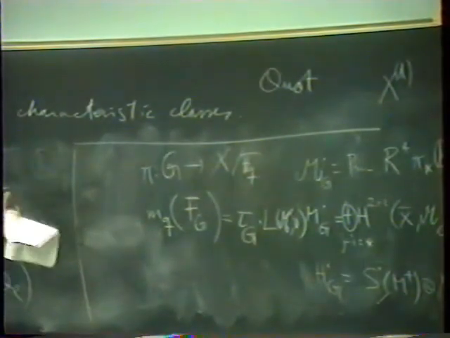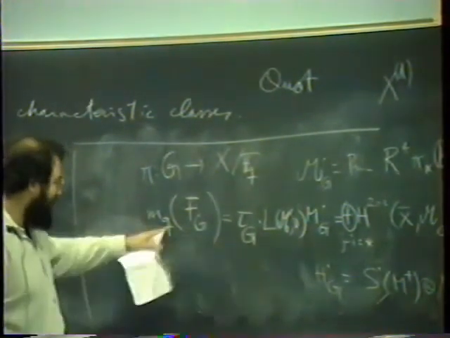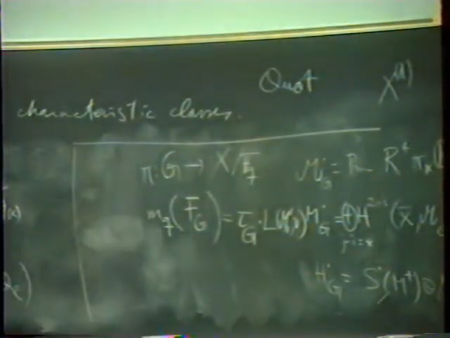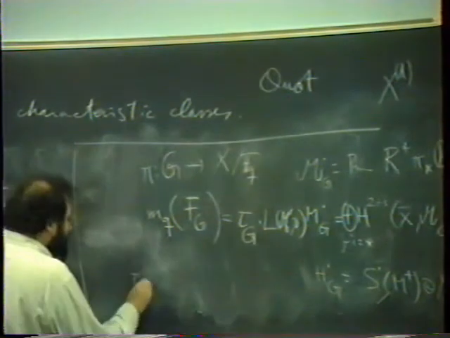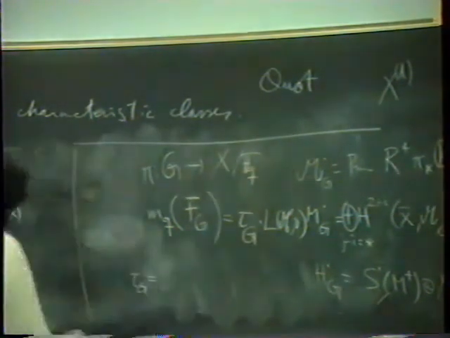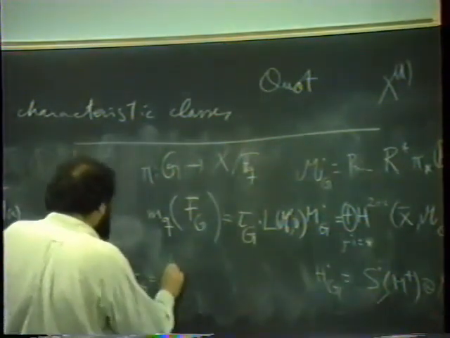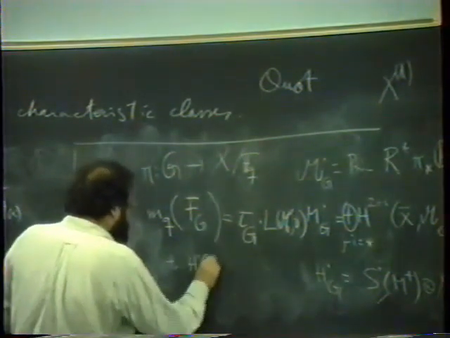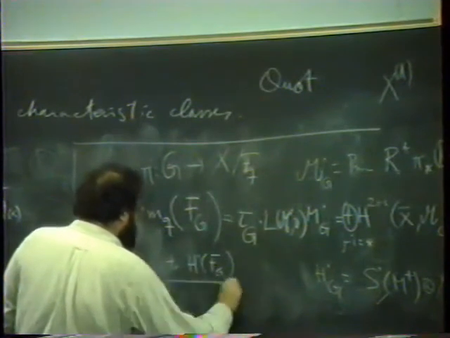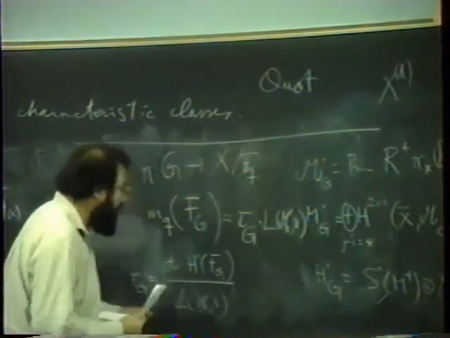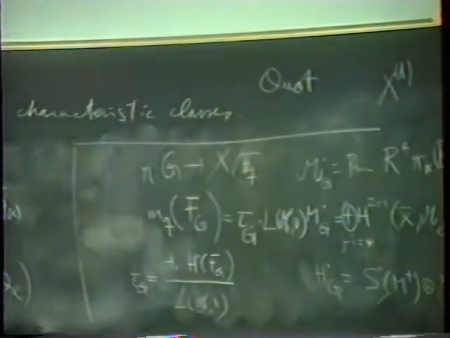And moreover, once you've proven this, you get that this statement here, the trace formula, becomes: Tamagawa number equals trace of the cohomology of Fg divided by this value of this L function. In our situation, this value here would just be this.